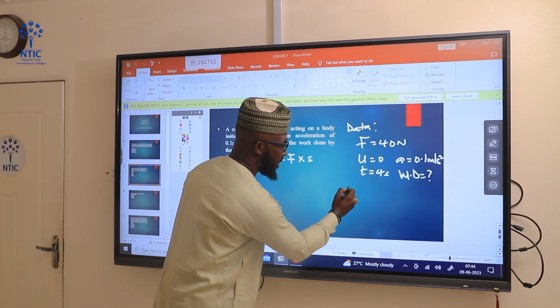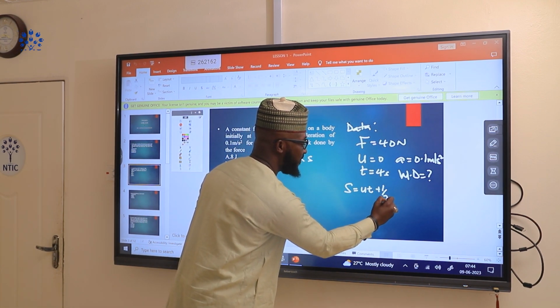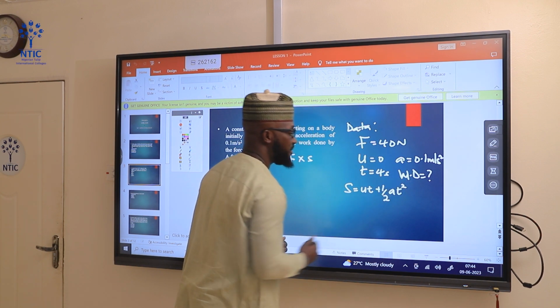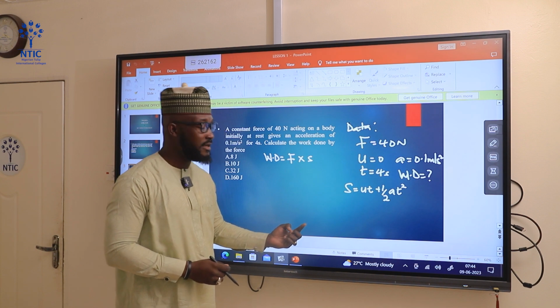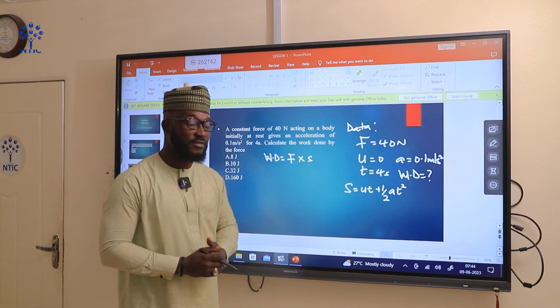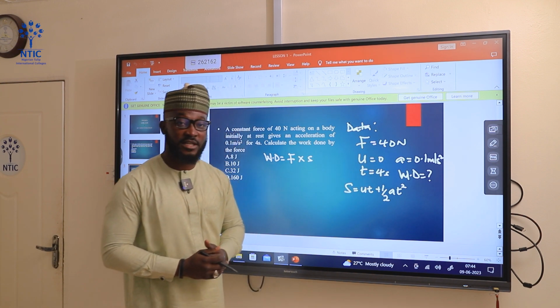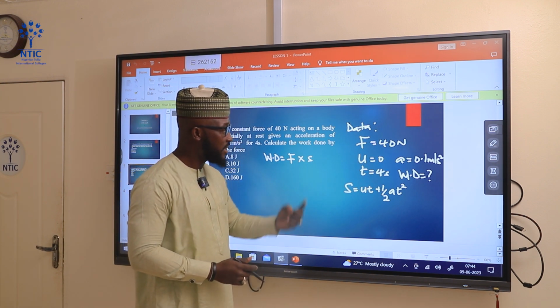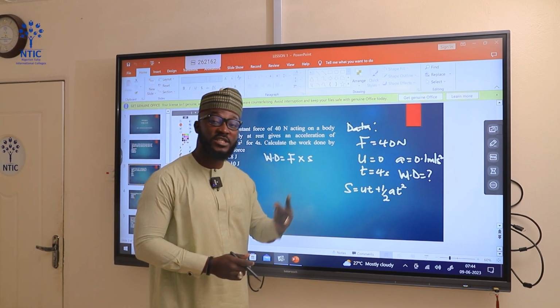Let's see. S equals ut plus half at squared. Here the distance is represented. U, which is the initial velocity, is also represented. The time is represented. And A, which is acceleration, is also represented. But remember, we're told that the body was initially at rest.